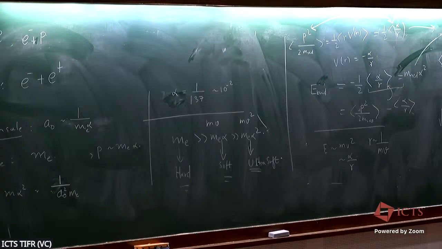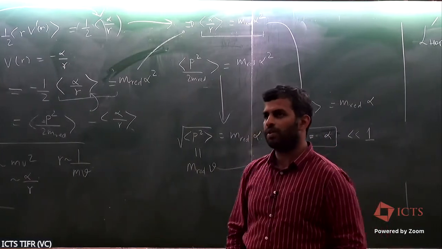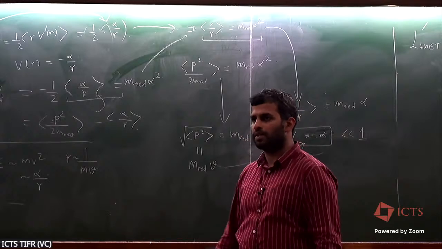I could ask you the back question: why in quantum mechanics do you solve the Schrodinger equation for the hydrogen atom? Would you give me a first principle argument? You can't give me an argument in non-relativistic quantum mechanics saying why I solved this. It's something we start with: this is the Schrodinger equation, this is the wave function, this is what we do. Solving the Schrodinger equation, we get this as the result.